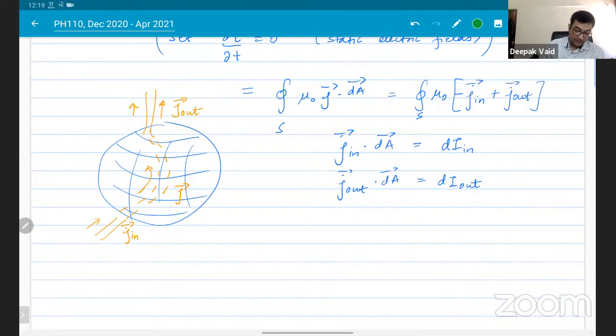So the normal vector here would be like this, dA. The current that is flowing out is positive. The current that is going in gives you a negative flux. Dot dA.